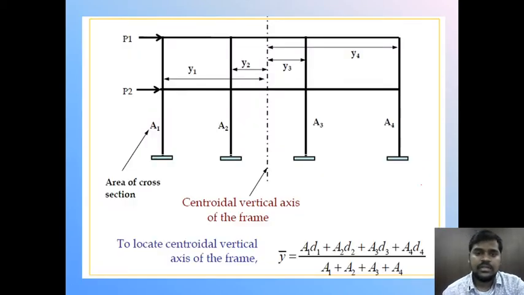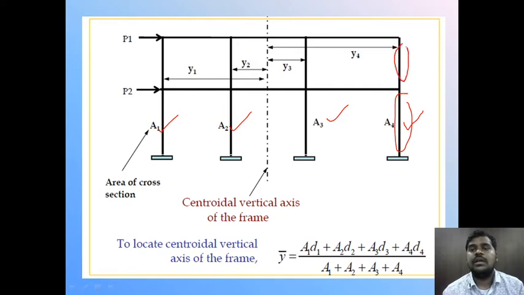So coming to this, look at this figure. We have A1 area of cross section, A2, A3 and A4. So we have four areas of cross section. The areas of cross section will be similar, as there will be no change in the areas generally in columns.